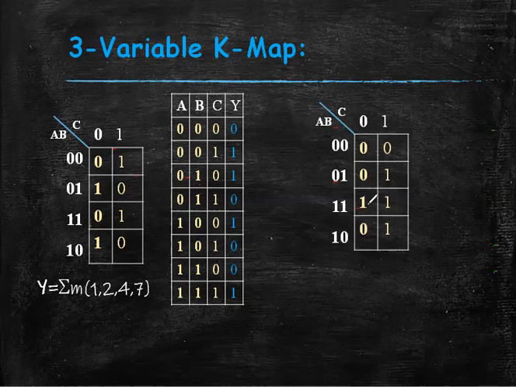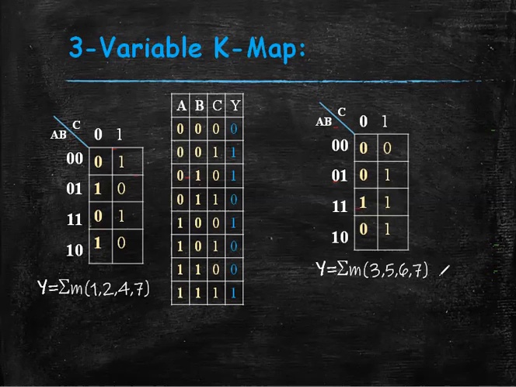The first one is the position of 3, then the position of 6, the position of 7, and the position of 5. Then 3, 5, 6, 7. Then we can write the SOP as Y is equal to sum of 3, 5, 6, 7.